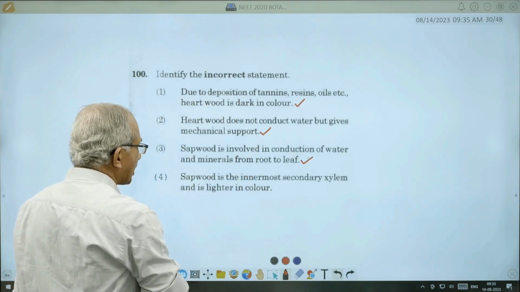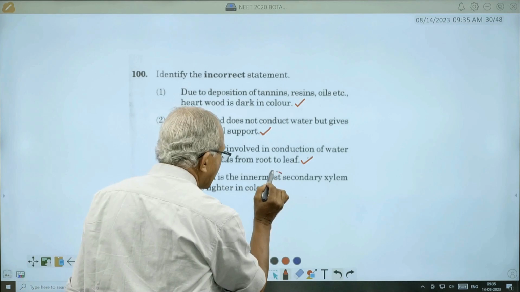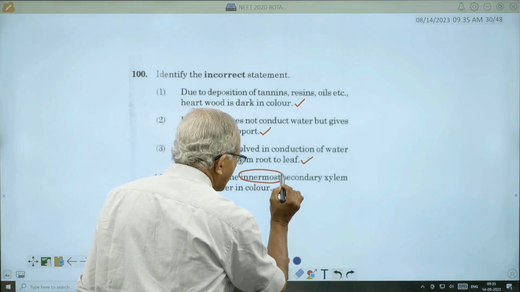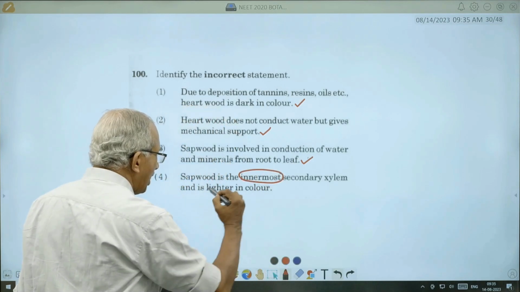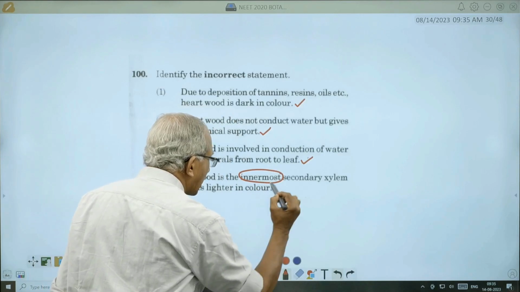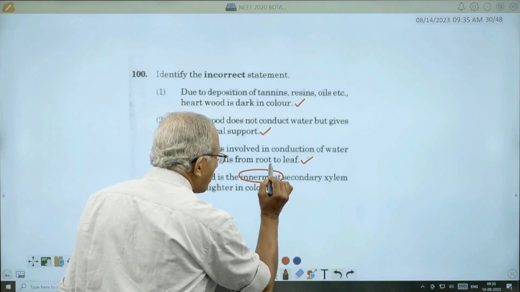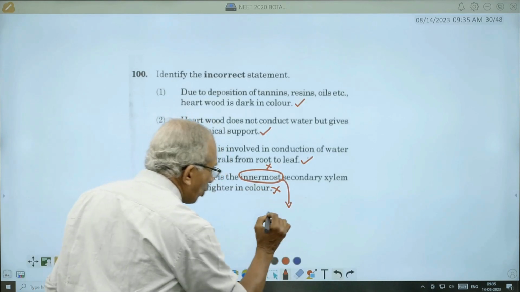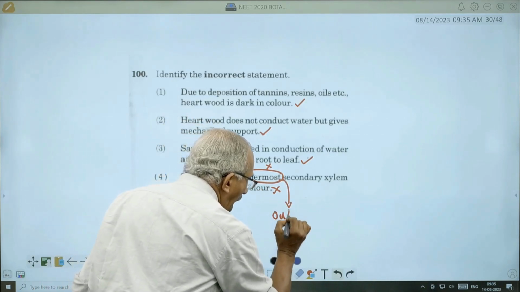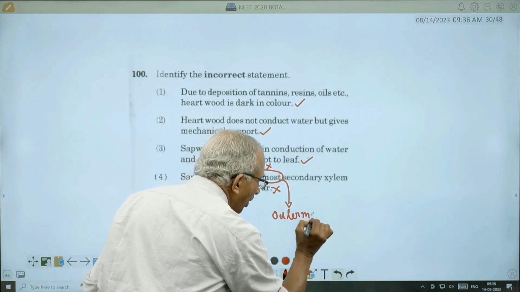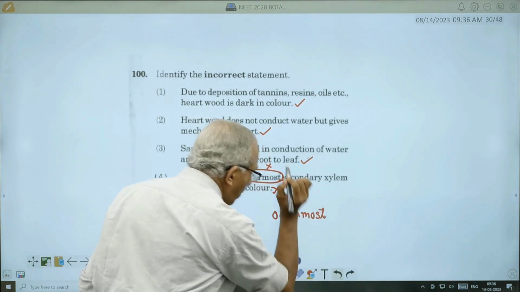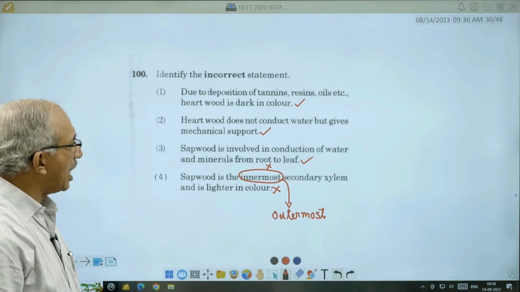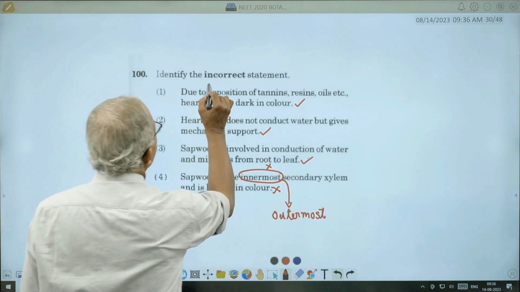Then the fourth statement: sapwood is the innermost secondary xylem, it is lighter in color. This statement is incorrect, because sapwood is the outermost secondary xylem.